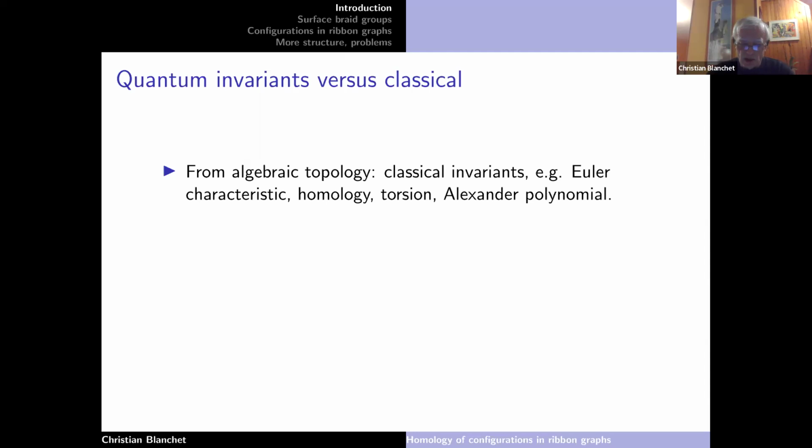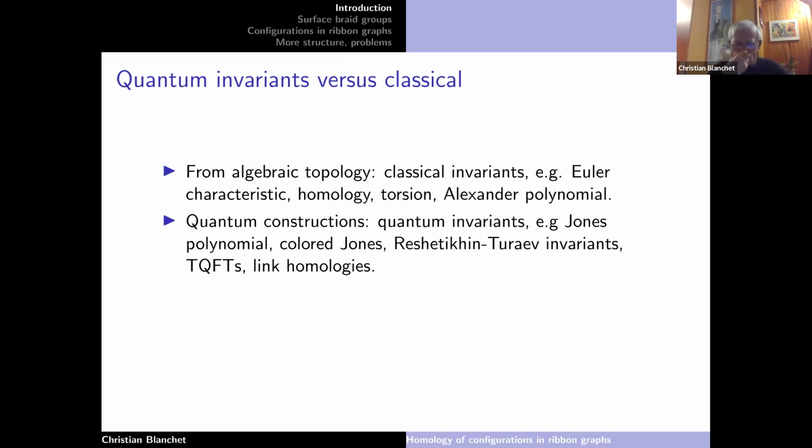And in knot theory, from Vaughan Jones, we know about quantum construction. So we have a lot of quantum invariants, including the Jones polynomial, colored Jones, HOMFLY-PT, the Reshetikhin-Turaev invariant of three-manifolds that Joseph talked about, TQFT, link homologies.